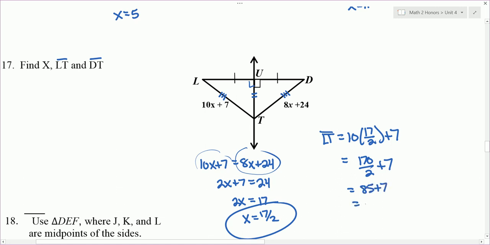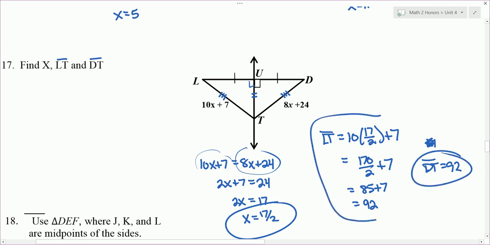And 85 plus 7 is 92. So that's LT. That is also going to be the length of DT. You can plug it into the formula, but we don't need to because we have triangle congruence.